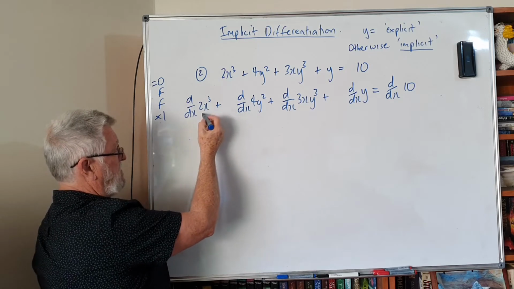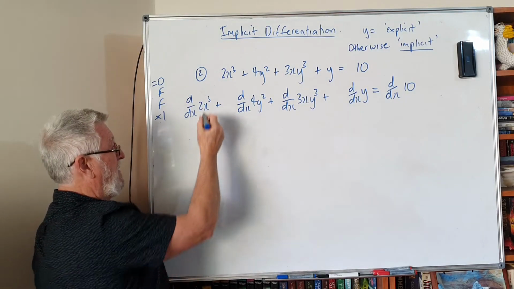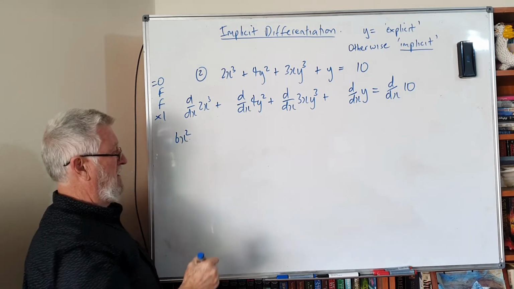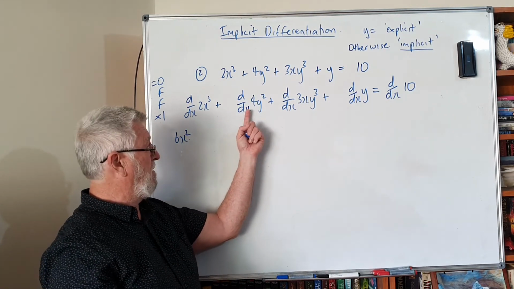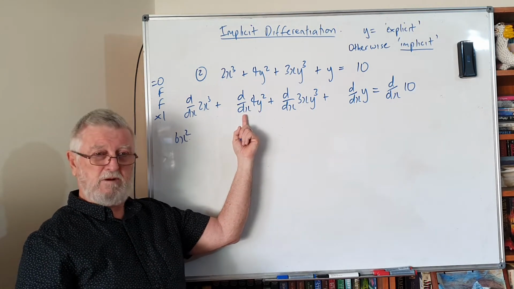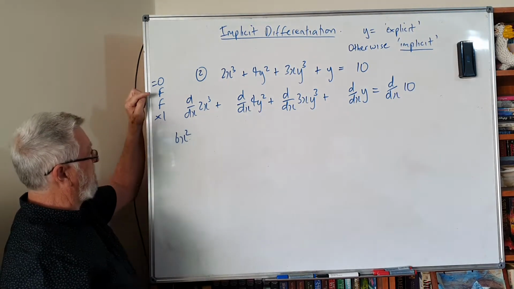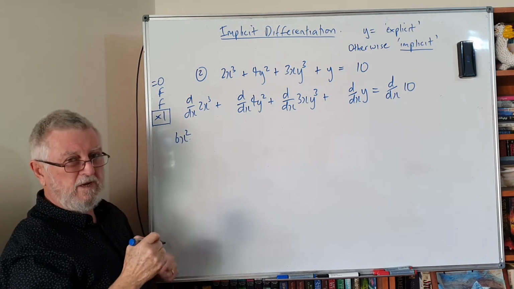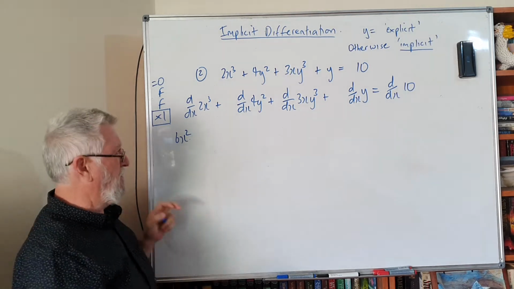So this one's nice and easy. We know how to differentiate 2x cubed. That's just going to be 3 twos are 6x squared. So we've got a nice 6x squared over here. But here I've got a problem. We're wanting to differentiate with the letter y, but we're using the letter x. And I go back to this equals off times 1 again, and we're back to the times by 1. People will say that you're not really timesing by 1, but in practical terms we are.